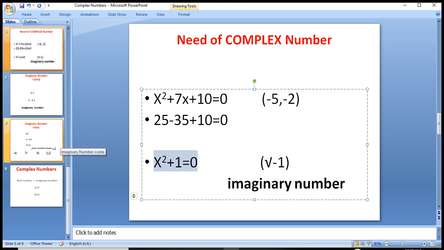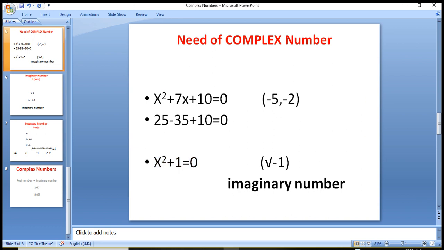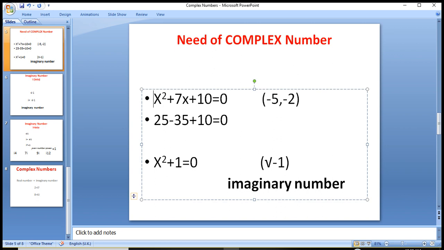I hope you have cleared the difference between this quadratic equation and this quadratic equation. In this one, if we put minus 5 or minus 2, we get 0. But if we put any real number into the other equation, we cannot get 0. Only if we put under root minus 1, we get the answer equal to 0.